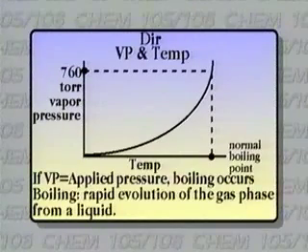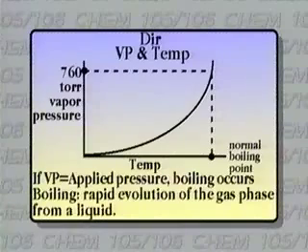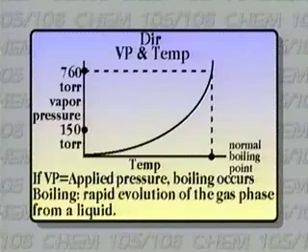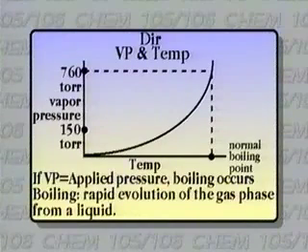So therefore, if we lower the applied pressure, notice if I come down this graph and apply a pressure down here, about a fifth of what we had, say 150 torr approximately, this liquid is going to boil way down here.